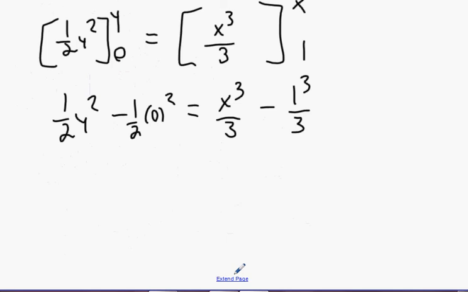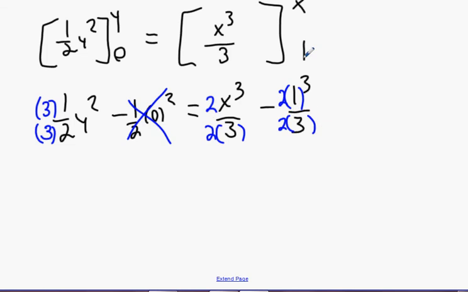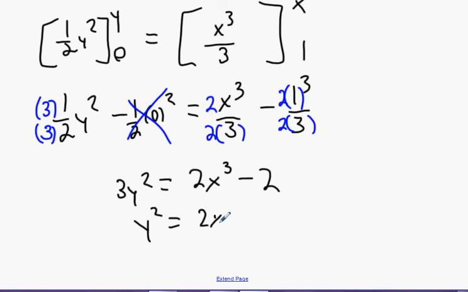I'm going to give everything a denominator of 6. So that means 3 top and bottom here, 2 top and bottom here. And when I do that, I'm going to get 3y squared equals 2x cubed minus 2. Bring down the 3. 2x cubed minus 2 all over 3.